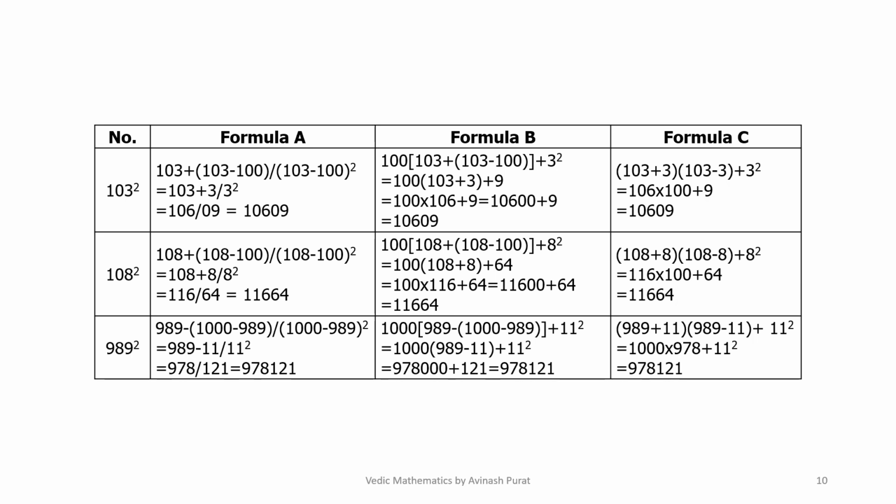Third formula gives (989 plus 11) multiplied by (989 minus 11) plus 11 square, that is equal to 1000 into 978 plus 11 square, that is 978,121.